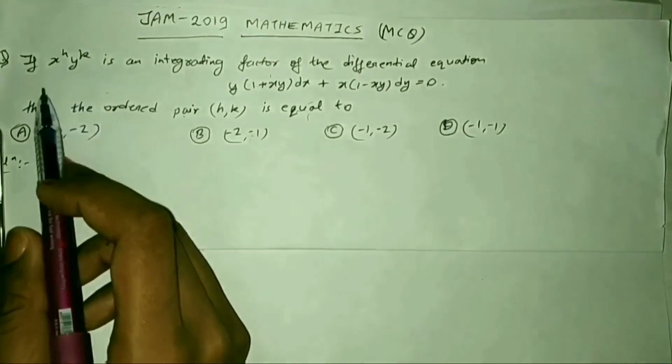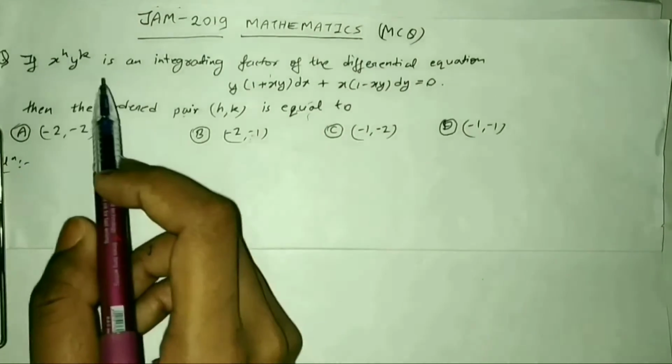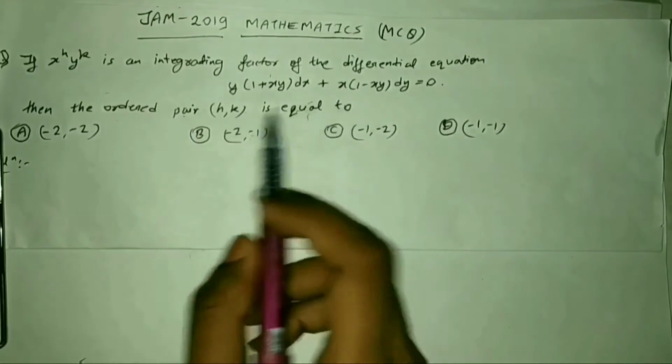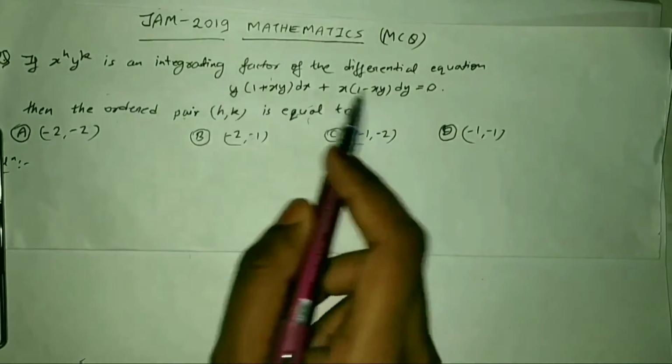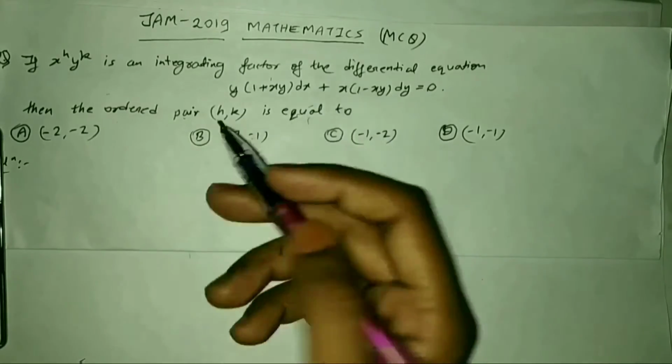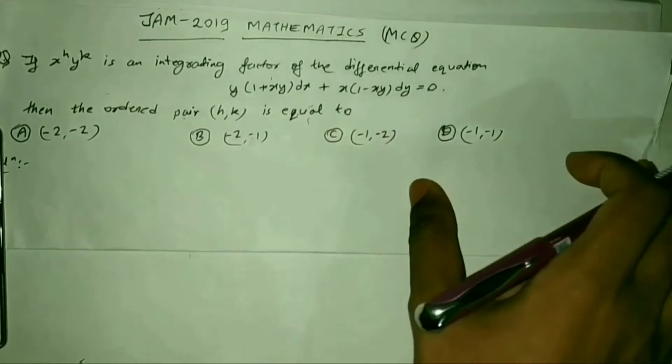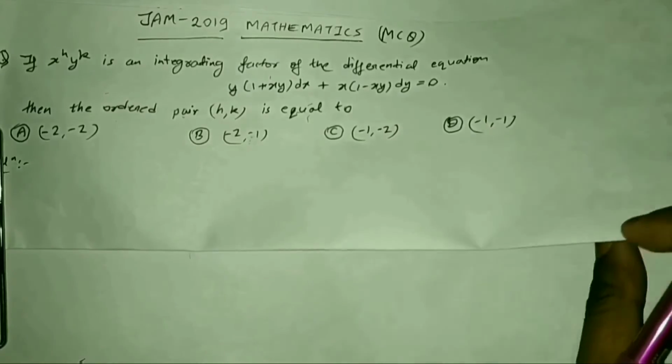In the question it is given that x^h y^k is an integrating factor of this differential equation. So if we multiply this integrating factor into this differential equation, then it will be exact. So we will apply the note here.